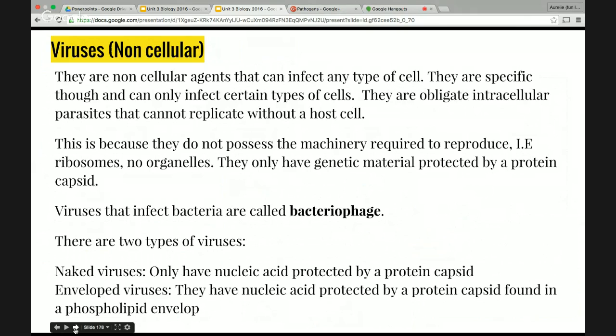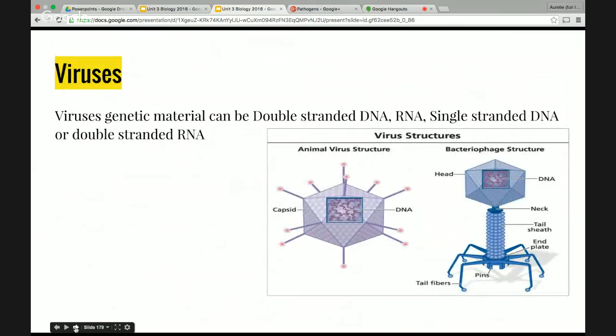Usually the phospholipid envelope comes from the host cell. So here are the virus structures. The genetic material can be double-stranded DNA, RNA, single-stranded DNA, or double-stranded RNA, depending on what type of virus it is.